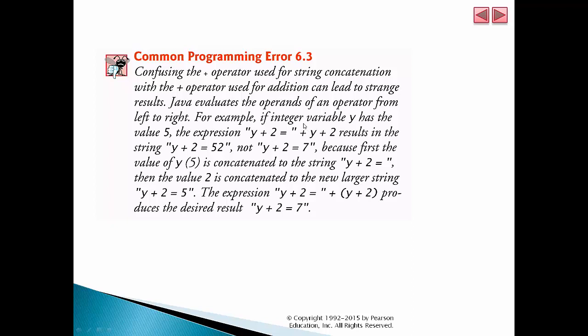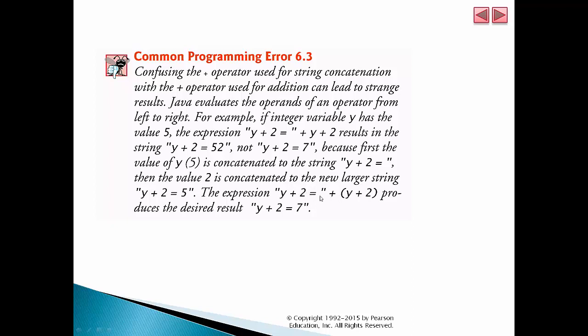You know that this is a left associative operator, so it starts from the left side and goes from there. It will convert this y into string, and the result will be this. If you want to find a sum between y plus 2, then you have to use the parentheses, and there the two operands of this plus are integers, so this will be an addition, and then this will resolve into some number, and now this is a concatenation because one operand is a string.